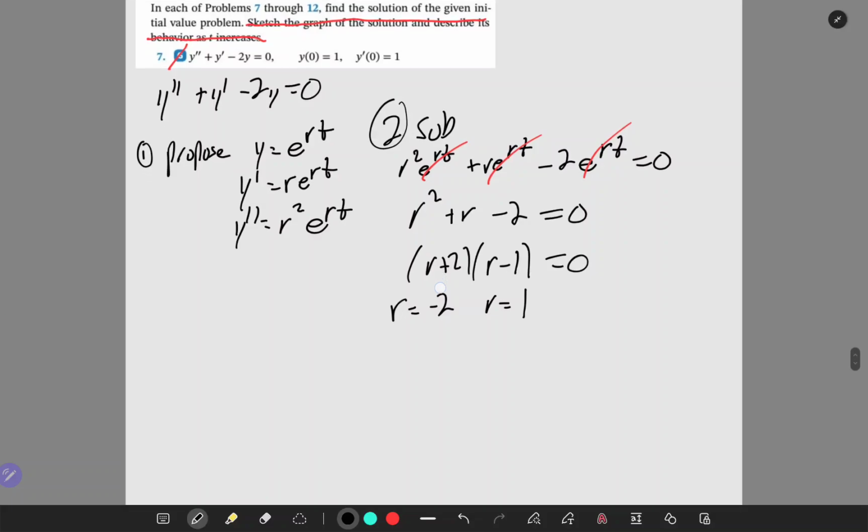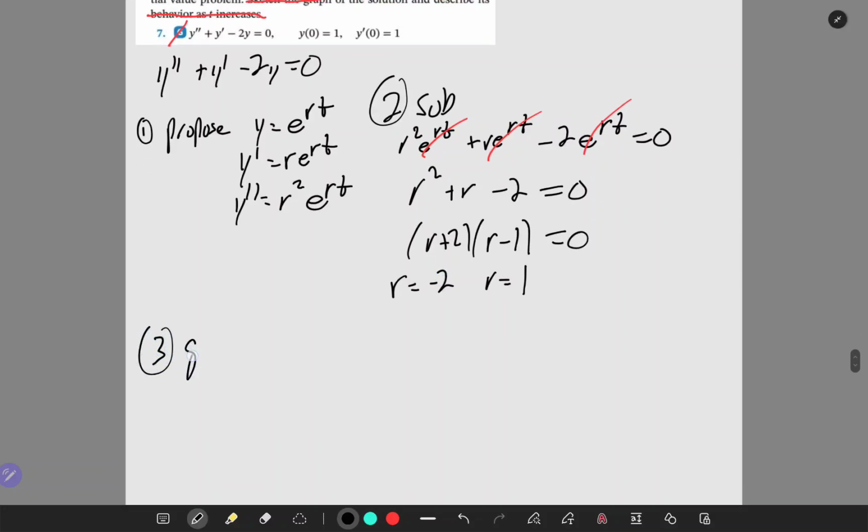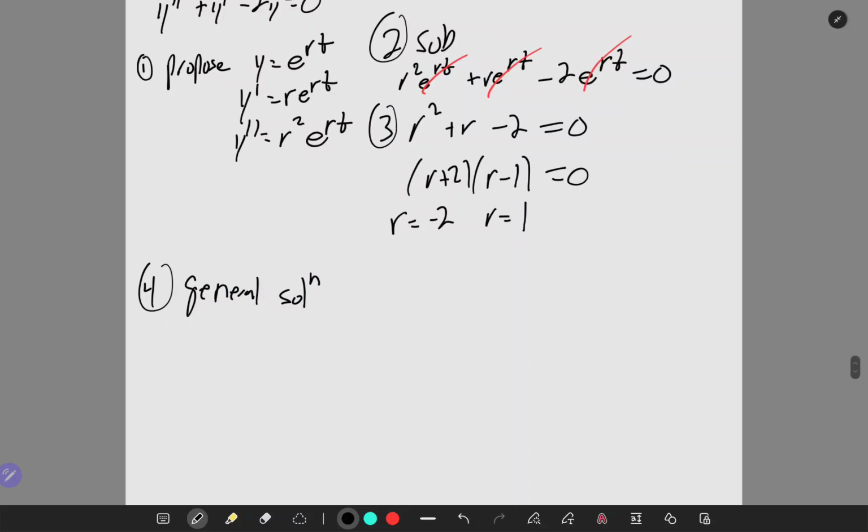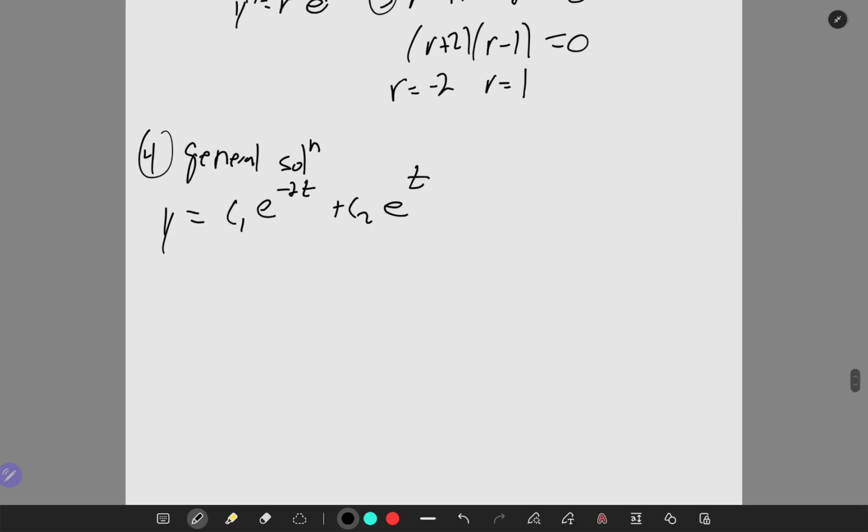Right, so now our general solution, that's actually step 4, right? Y is equal to c1 e to the negative 2t plus c2 e to the t. Okay, so now we're given two initial conditions, okay?